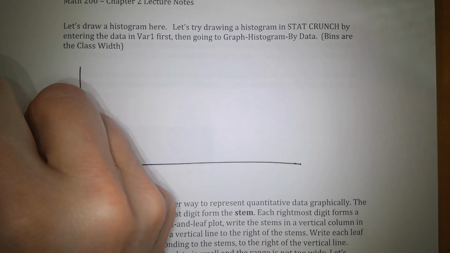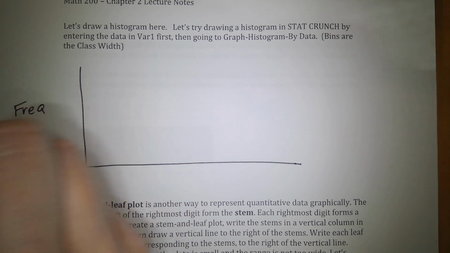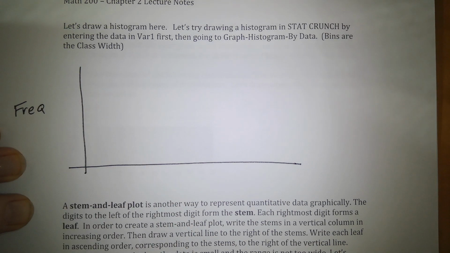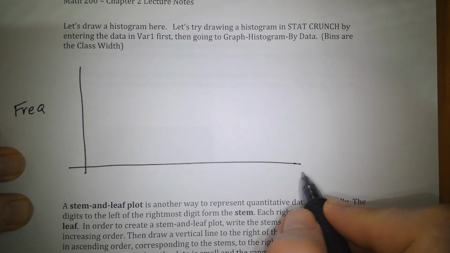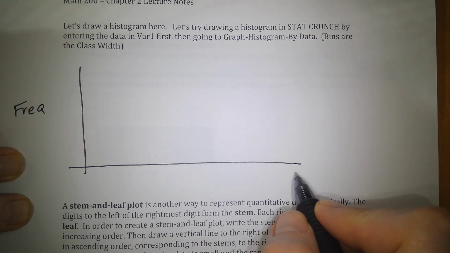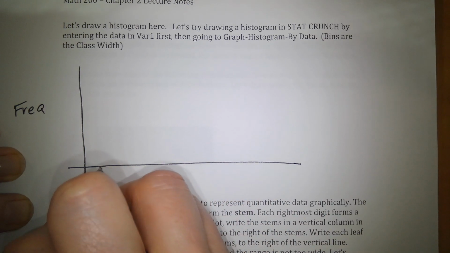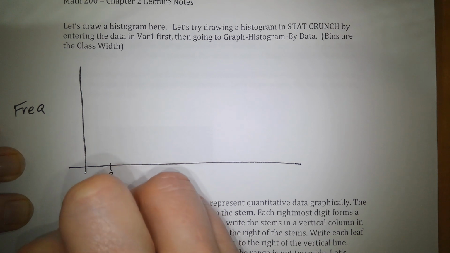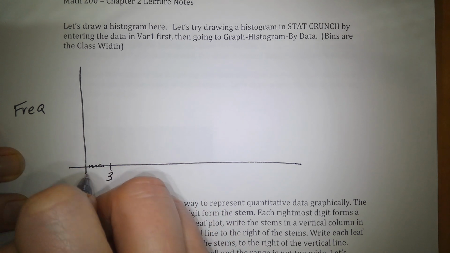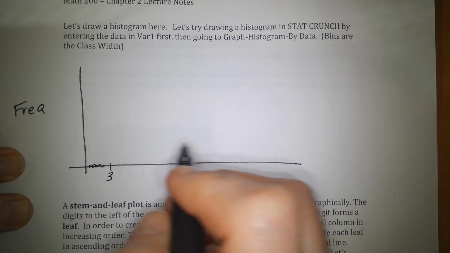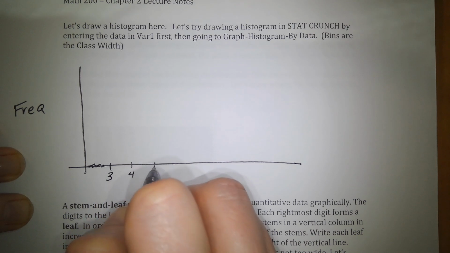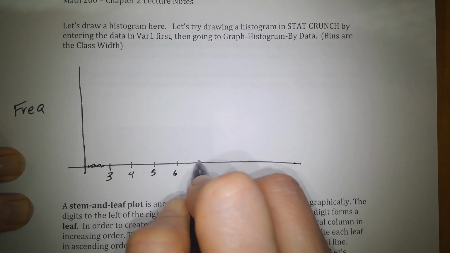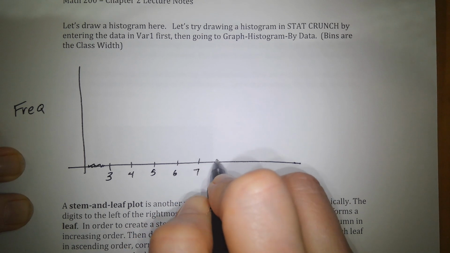The frequencies, just like the bar chart, will be over on the vertical axis, and the quantitative data will be down here on the x-axis. In this case, it's going to start at 3. Notice there's a break in the scale right here. I'm going right from 0 to 3, and then we go all the way up to 13.